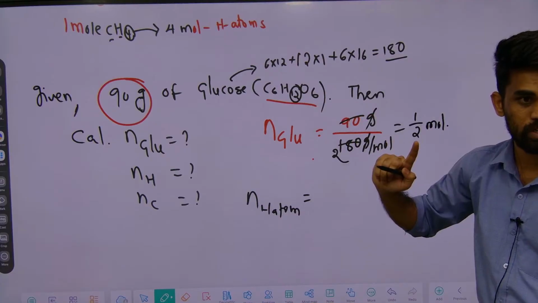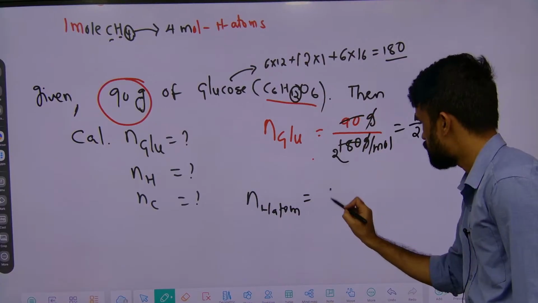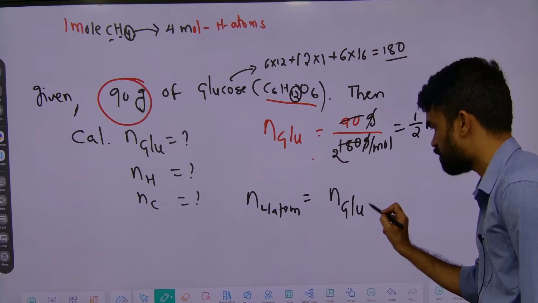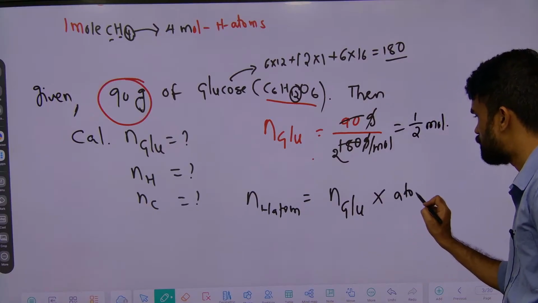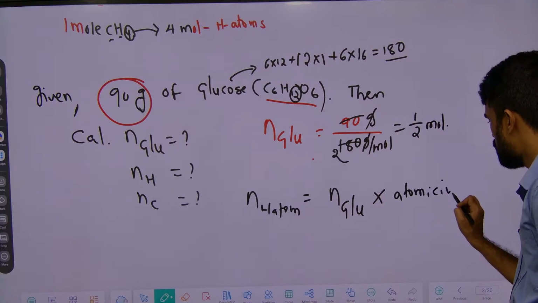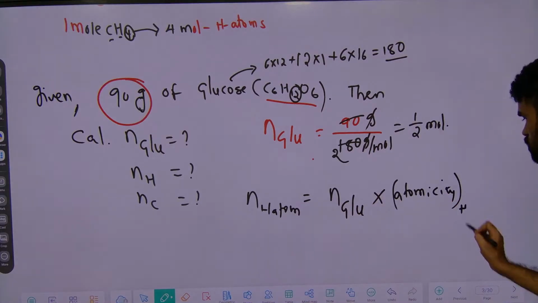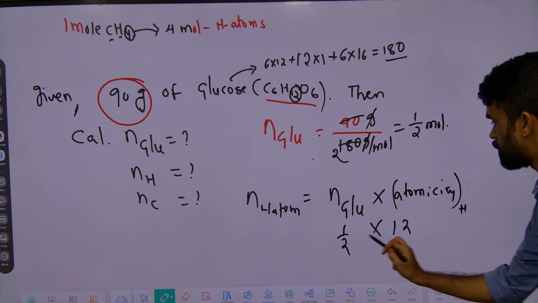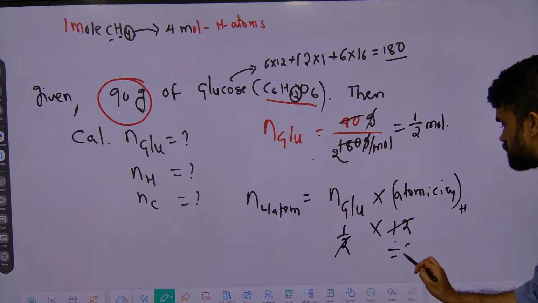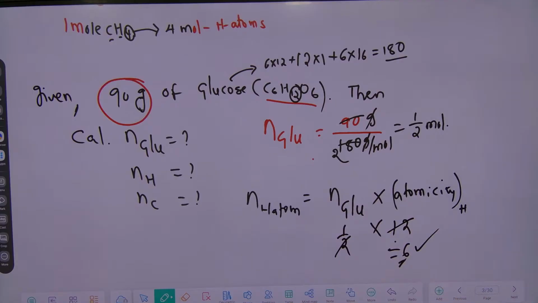So number of moles of glucose into atomicity of that element. Which element we are talking? Hydrogen. So it is half into 12. 6 moles of hydrogen. Is this clear?